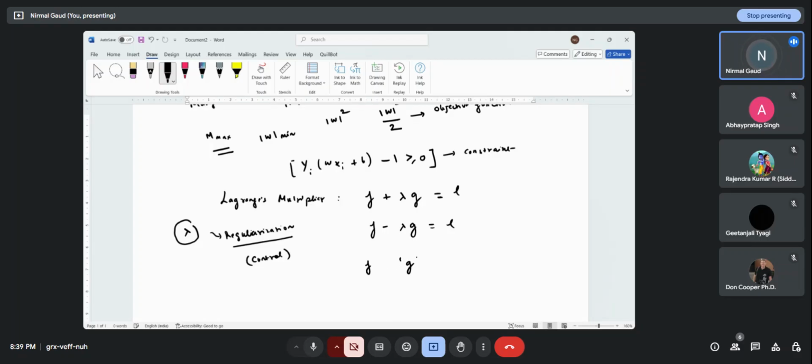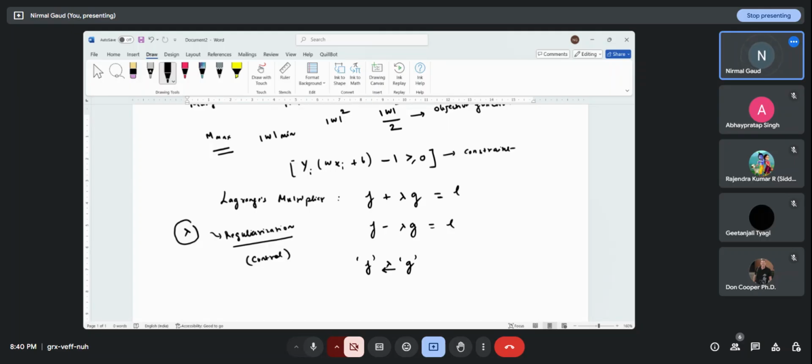So if I change g, it will put impact on f. So how much impact it will put on f, that I can control by lambda. That's what I can do. Okay. Therefore, it's a multiplier.